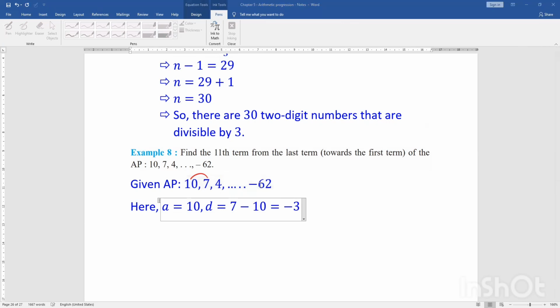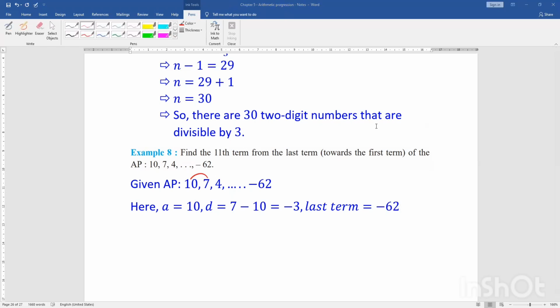And then we have the last term, which equals minus 62.